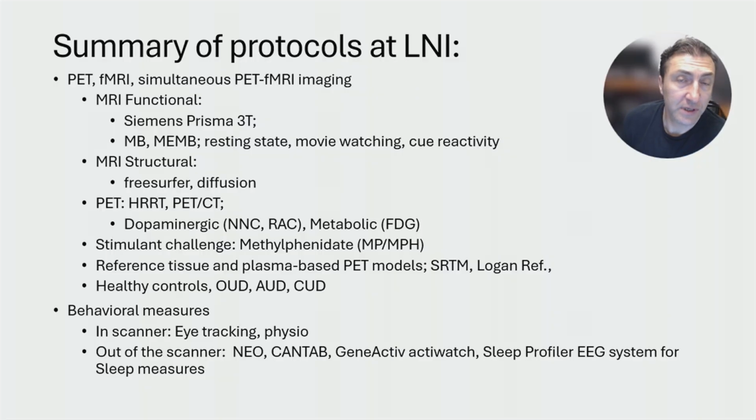At the Laboratory of Neuroimaging, NIH, we use multimodal imaging techniques. We use fMRI, functional and structural. We use PET cameras using NNC and raclopride, carbon-11, or FDG, F18 PET scanning techniques, and we also use methylphenidate, also known as Ritalin, as a stimulant to see how striatal reward regions in the brain are modulated by this drug, in generally healthy controls, as well as opioid, alcohol, and cannabis use disordered groups of subjects.